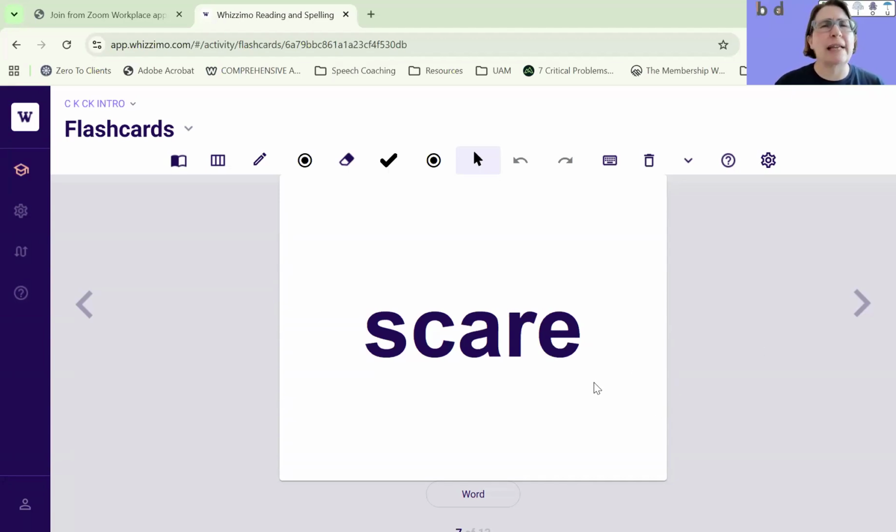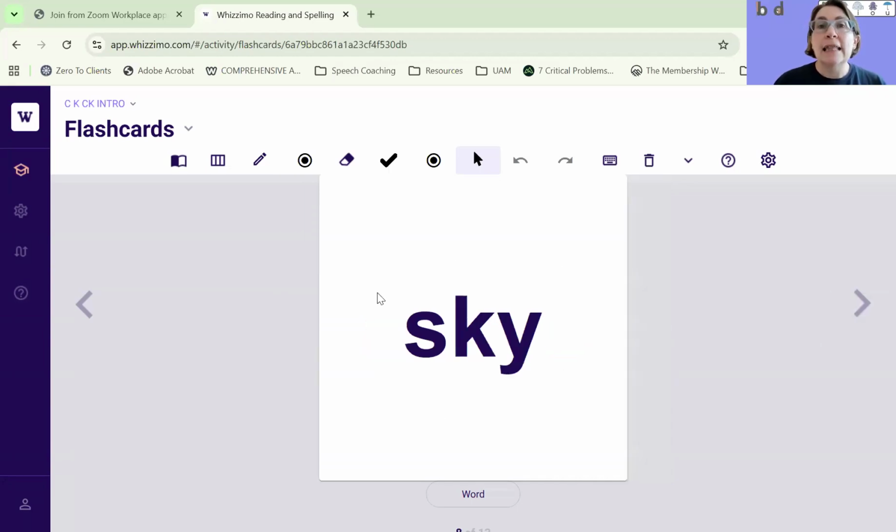My older sister used to like to scare me when we were kids. This word has our sound in the middle, and the next letter is Y, which in this word is a vowel. So when we have our sound in the middle of a word, and the next letter is the vowel Y, we're going to spell it with a K, and this word is sky.